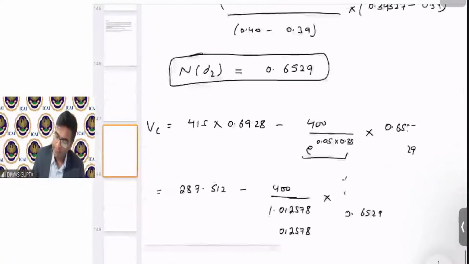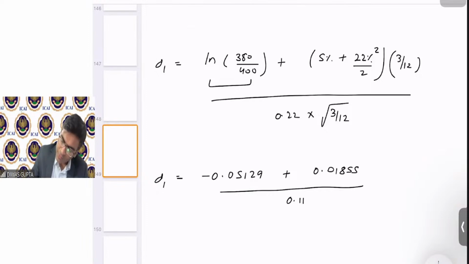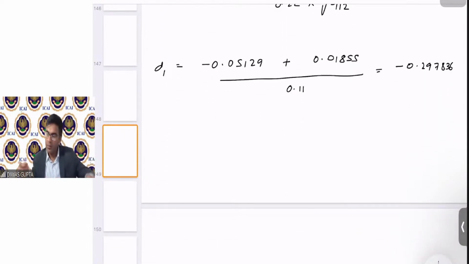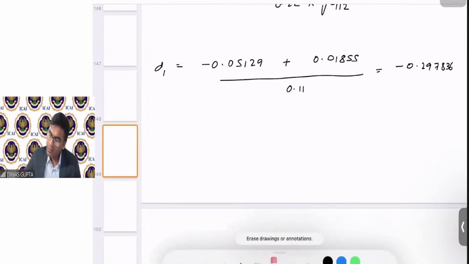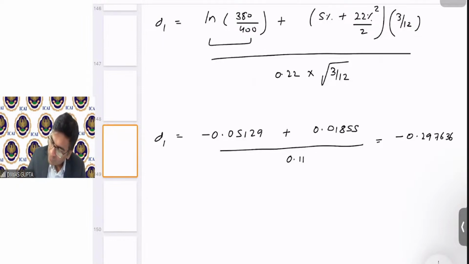So I will substitute this: 0.05129 plus 0.01855 divided by 0.11. So this becomes minus 0.297636.